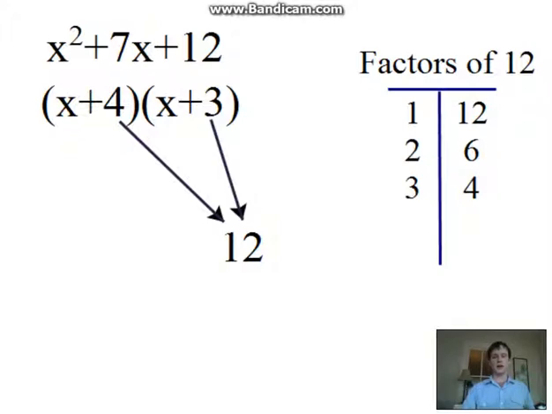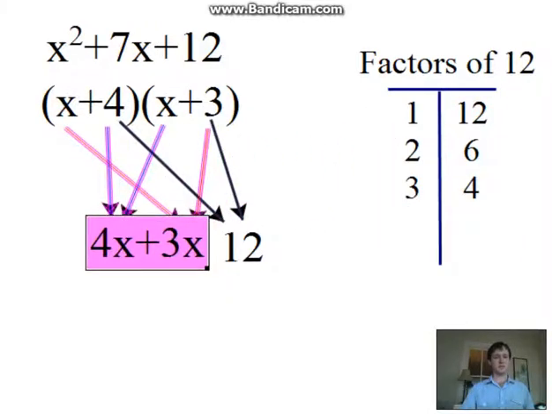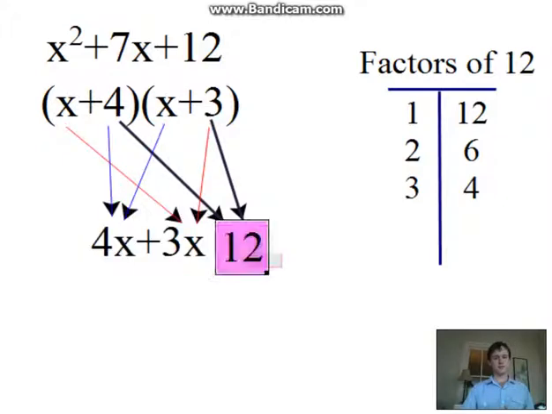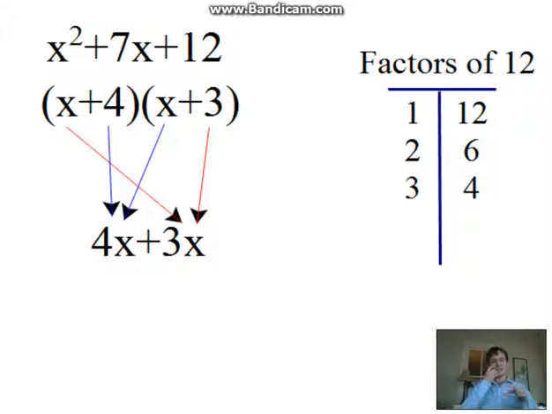But what about our middle term, our x term? How did we end up having that work out right? We notice that each x term is going to multiply by the other constant. So that's going to get us 4 times x and 3 times x. In other words, we've got both our constants multiplied by x.